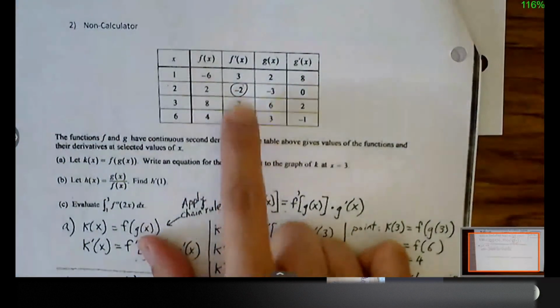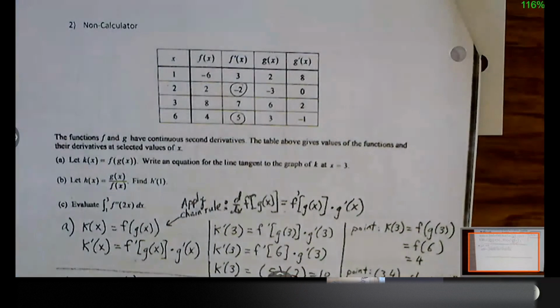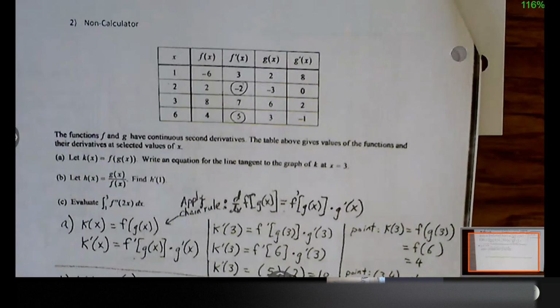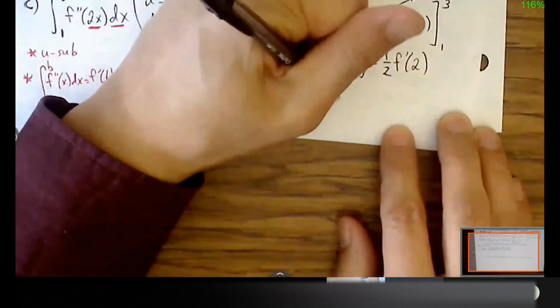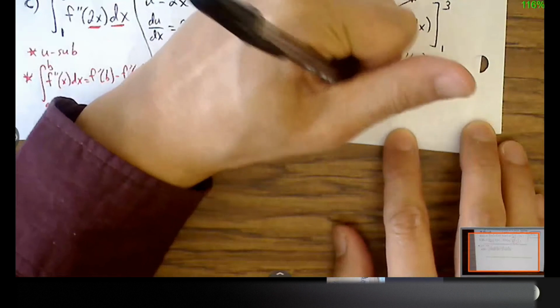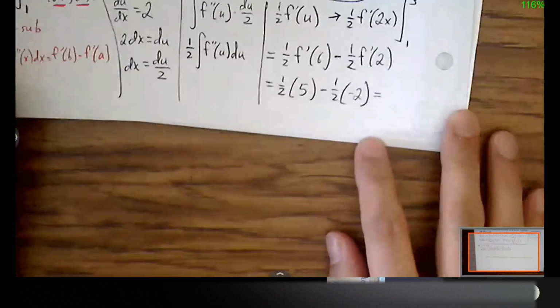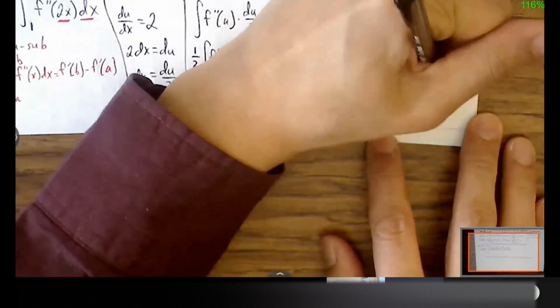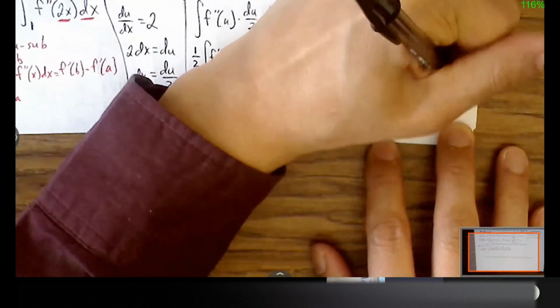There's f prime of 6. There's f prime of 2. Five halves plus 2 halves, 7 halves.